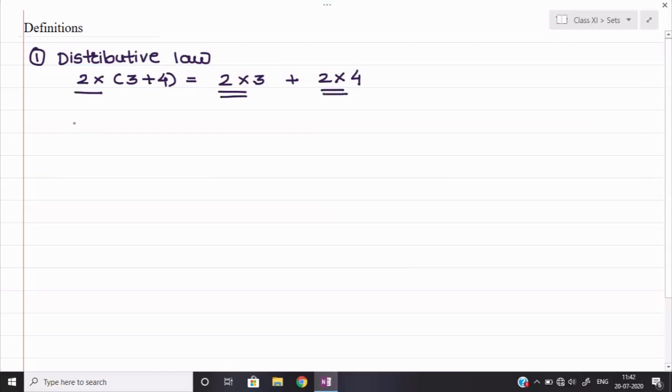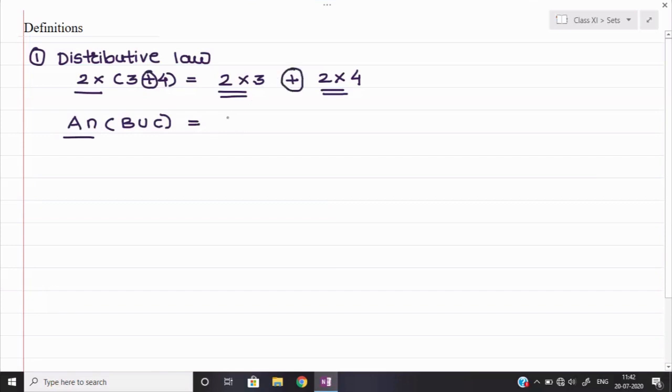In the same way, suppose we are given A intersection (B union C). Here I will distribute A intersection on B as well as on C, and the sign between 3 and 4, that is plus, comes here as it is.